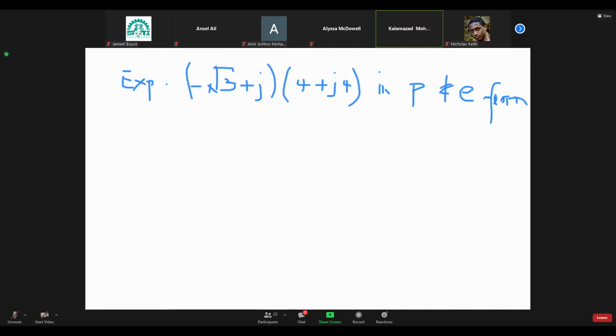All right, let me read that again. Express minus root 3 plus j times 4 plus j4 in polar and exponent form. All right, which means that we have to multiply this first.